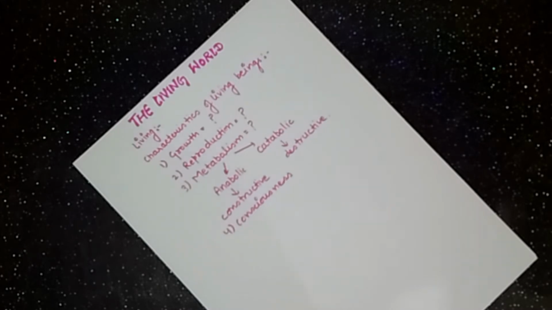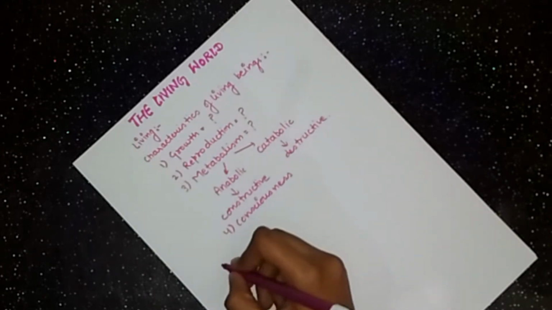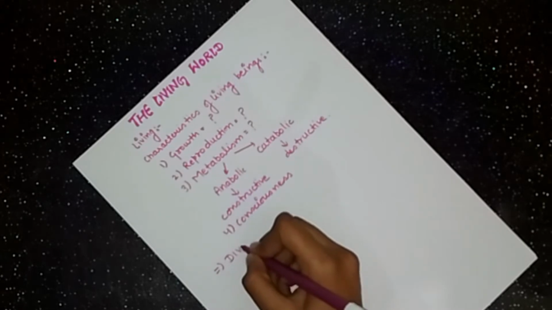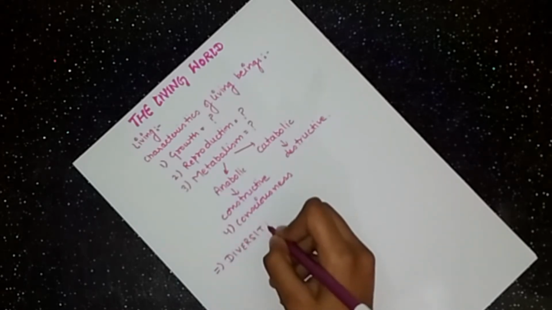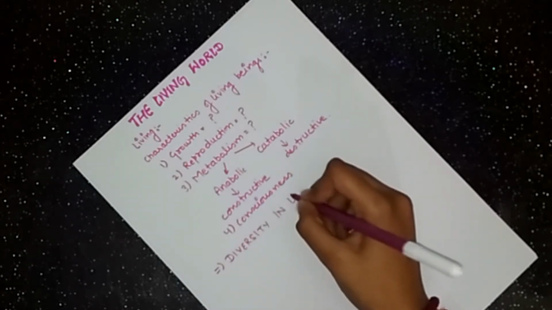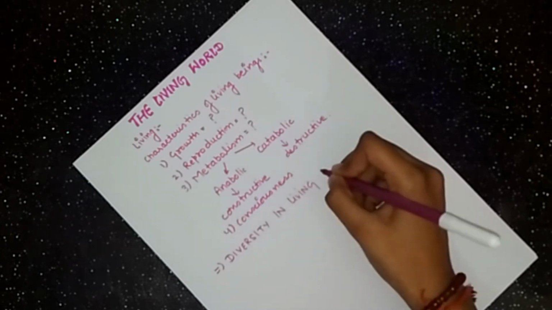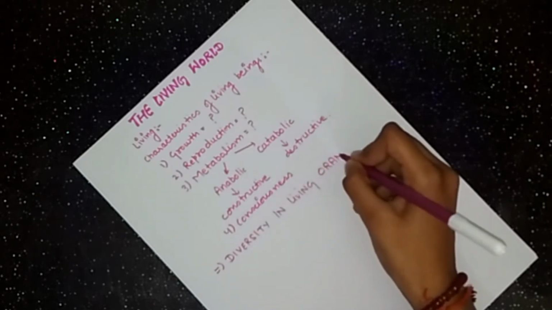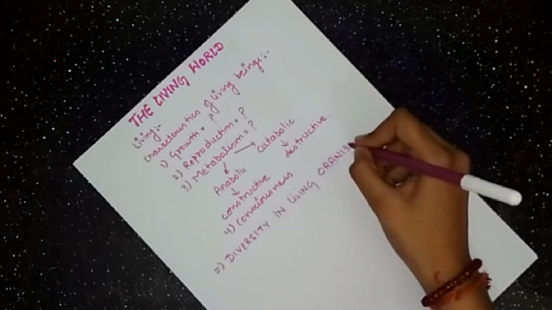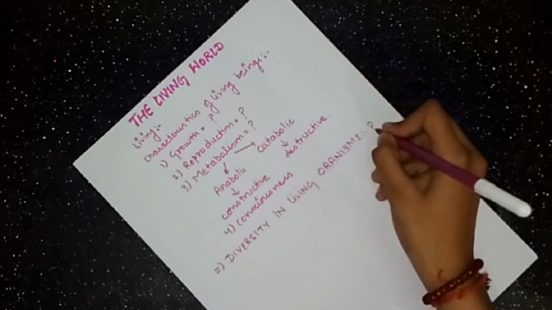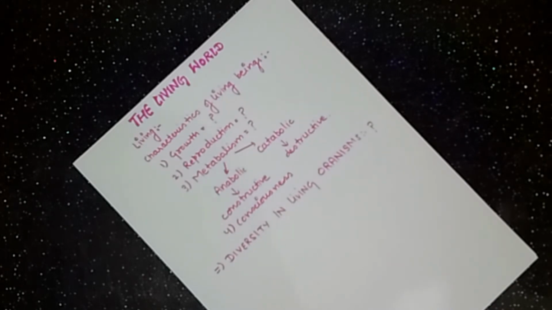Now I am discussing diversity in living organisms. Our next topic is diversity in living organisms. In the diversity of living beings, the number of species is 1.7 to 1.8 million, which includes 1.2 million animal species and 0.5 million plant species.